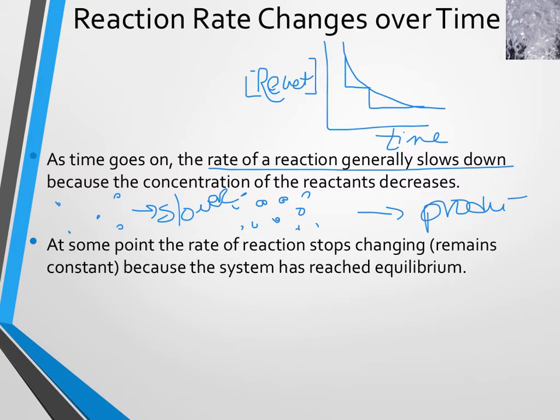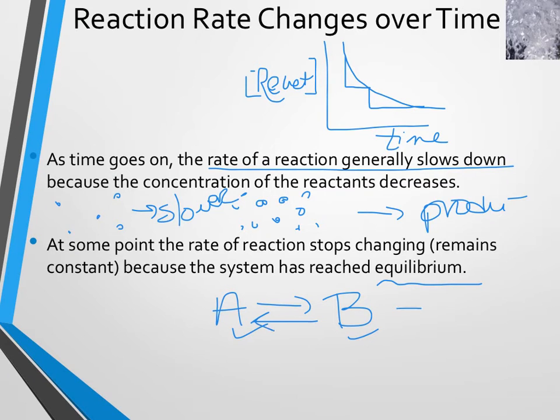And at some point, every reaction either reaches the end of the reaction, where it's run out of reactants, but more likely it reaches an equilibrium. We'll get into that later, but just to introduce the concept, if you have reactant going to product, usually a reaction is reversible.